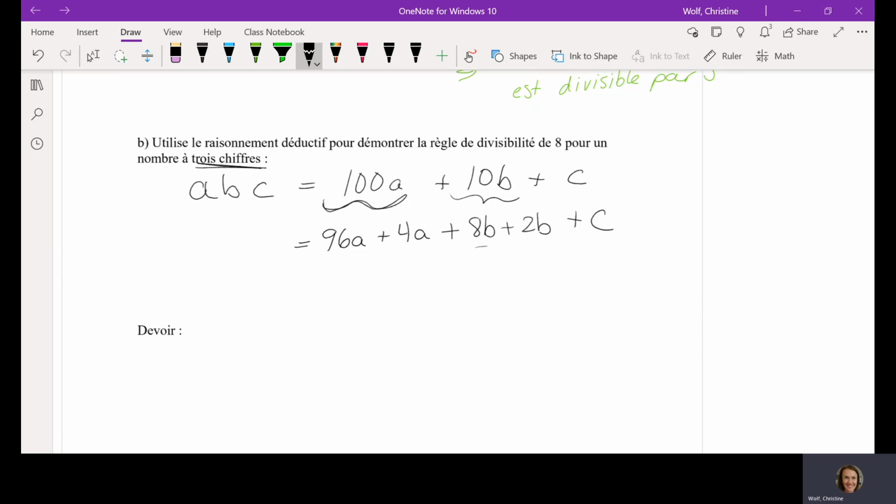So, maintenant, tu as 5 termes ici. Ces deux termes-là sont les deux qui sont les multiples de 8. We pulled those out. So, we're going to kind of group those together. So, 96A plus 8B, voilà les multiples de 8. And then ces trois termes ici, those are my leftovers, not multiples of 8.